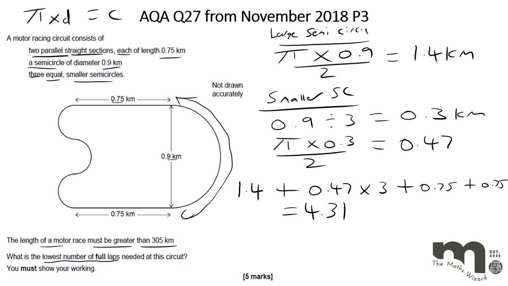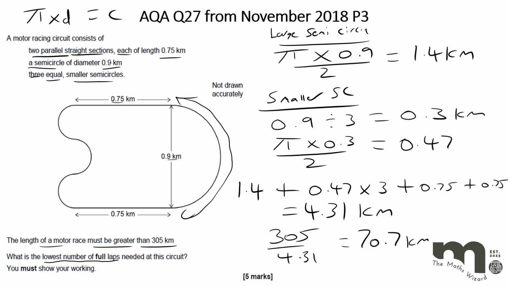And then I've got to add on, what am I doing now? So now I've got to do 305 divided by 4.31. Remember, the total length has got to be 305. And that gives us 70.7 laps, sorry.